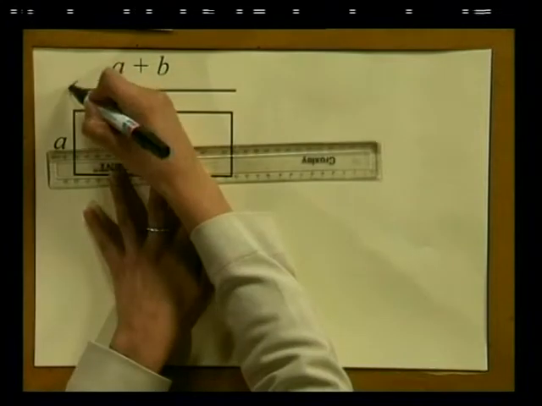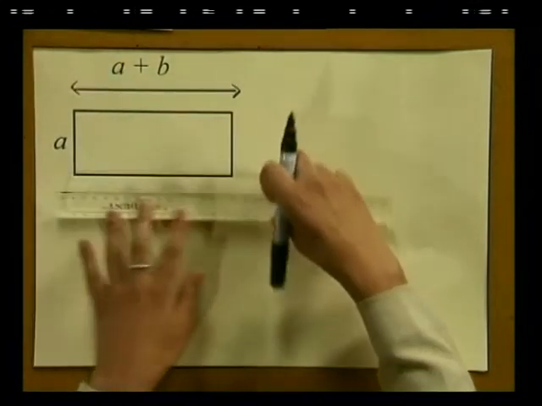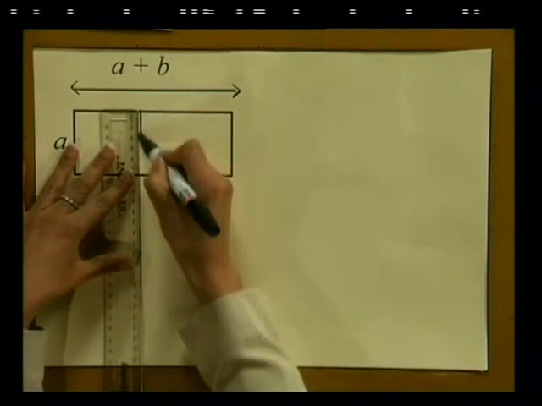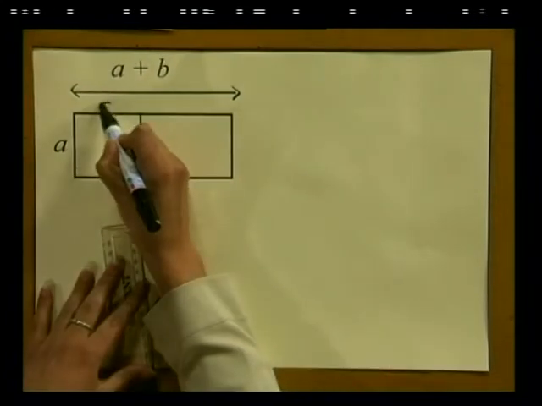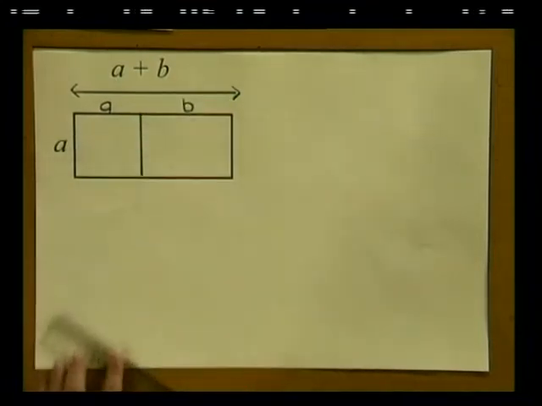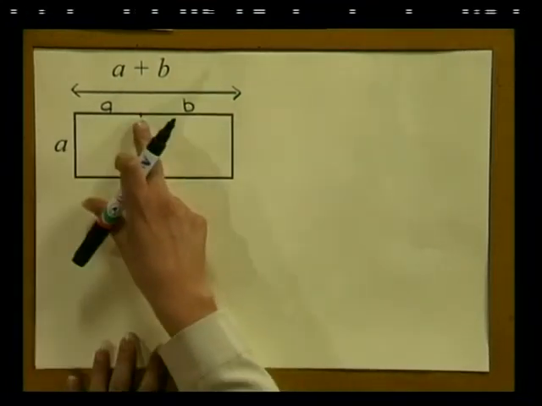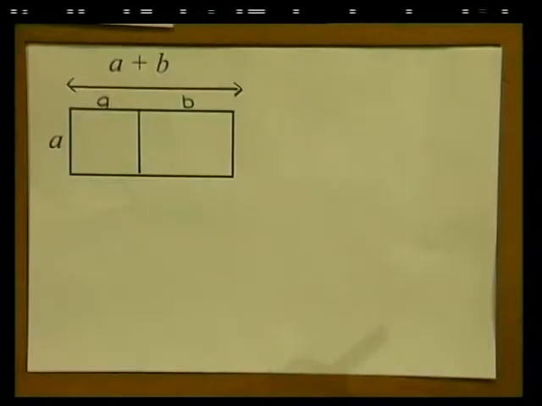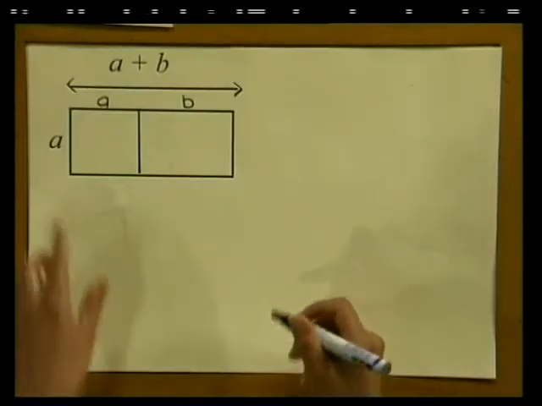And what we're going to be doing, just to make our lives easier, is split it up into two portions. This is going to be our portion A over here, and this is going to be our portion B. In other words, this is A units and this is B units. Now, what is the area of the square on the left? Well, we know the formula is length times breadth.